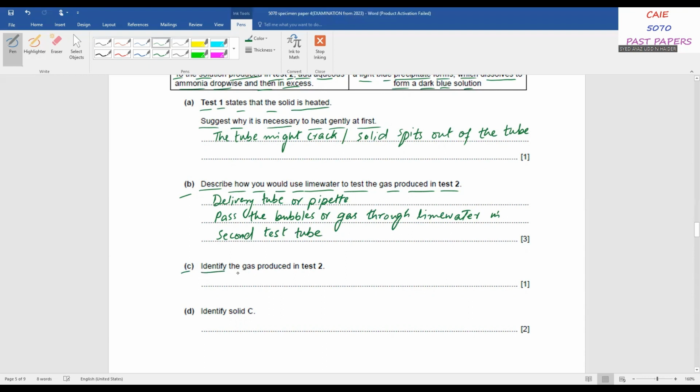C. Identify the gas produced in test 2. Now you have to identify the gas. This is very easy. You can either write the formula of the gas, which is CO2, or you can write the name of the gas, which is carbon dioxide. Now they are asking about the identity of solid C in part D. It's very easy.